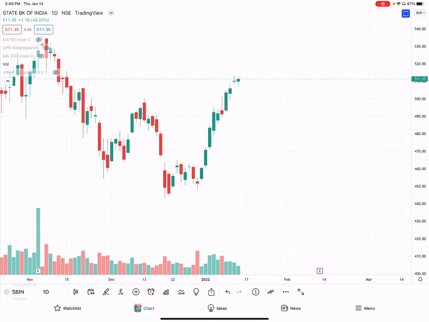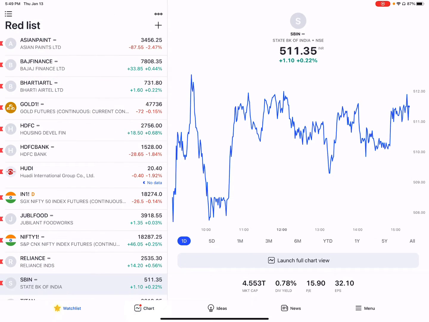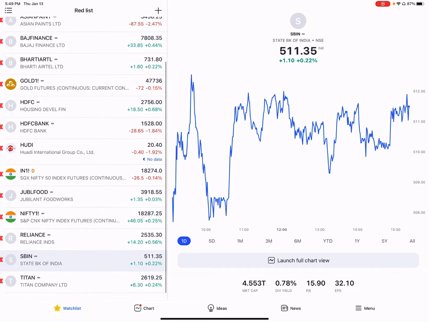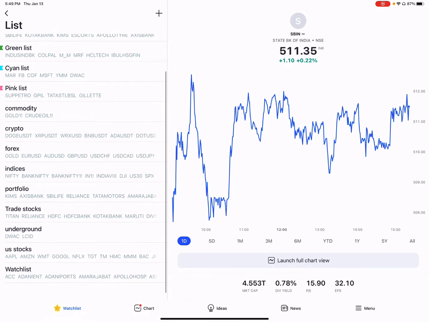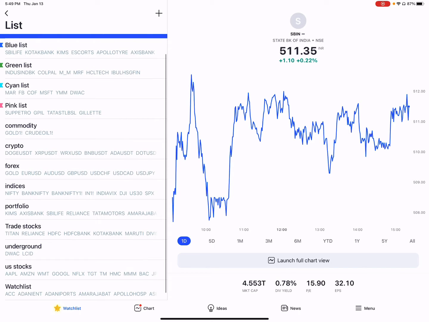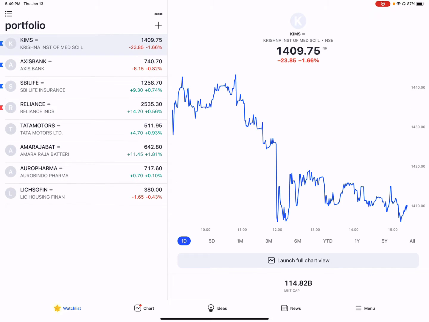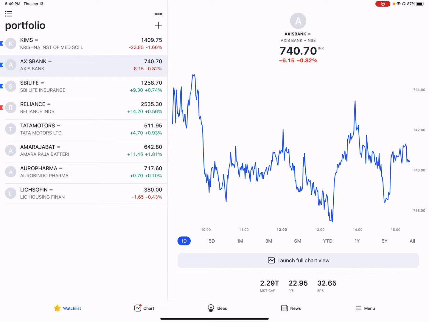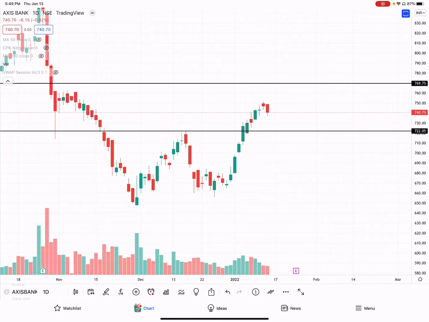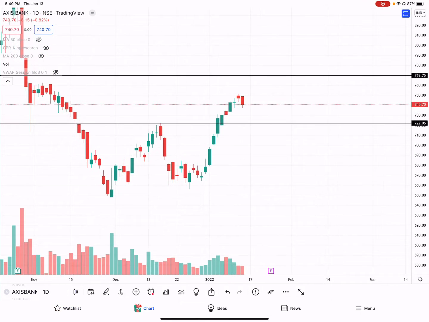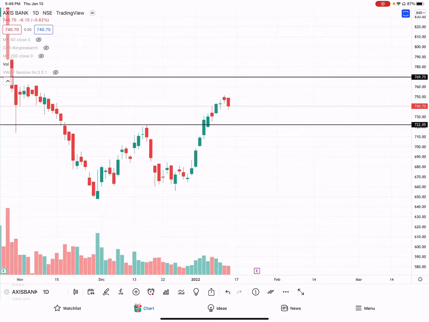It's a clear bullish pattern in SBI too. There are many different ones too. For example, I'll show you a few others. Axis Bank, ICICI Bank, HDFC Bank, AU Bank.